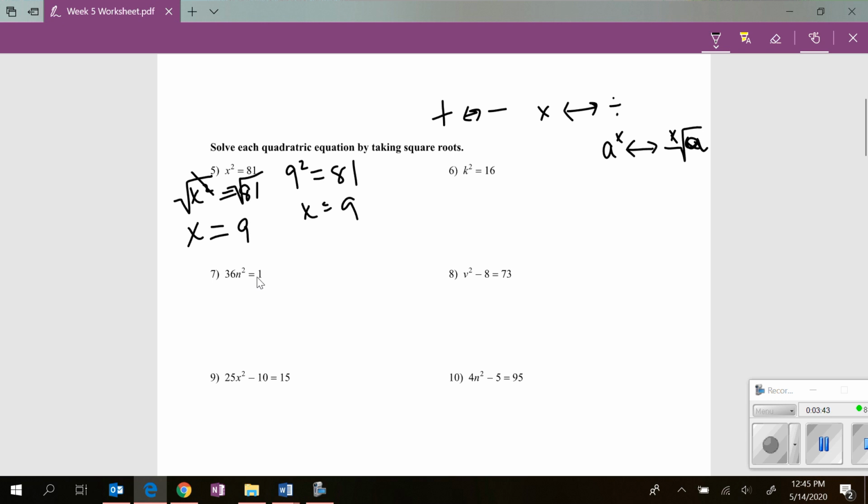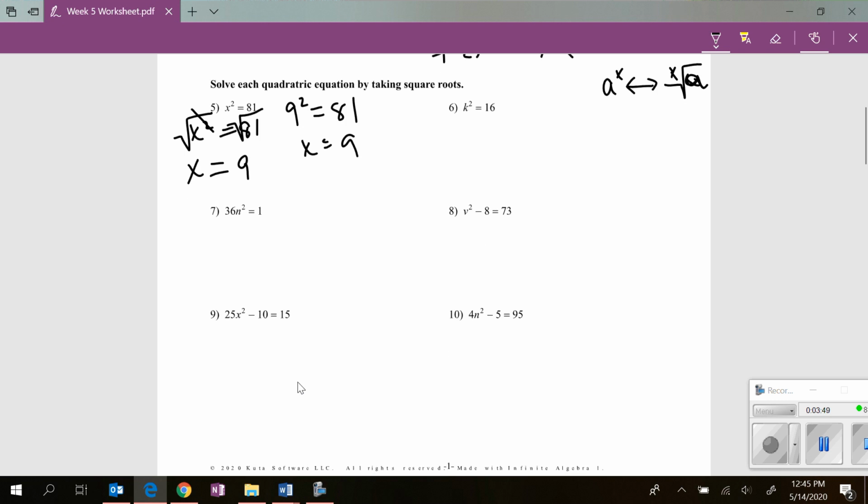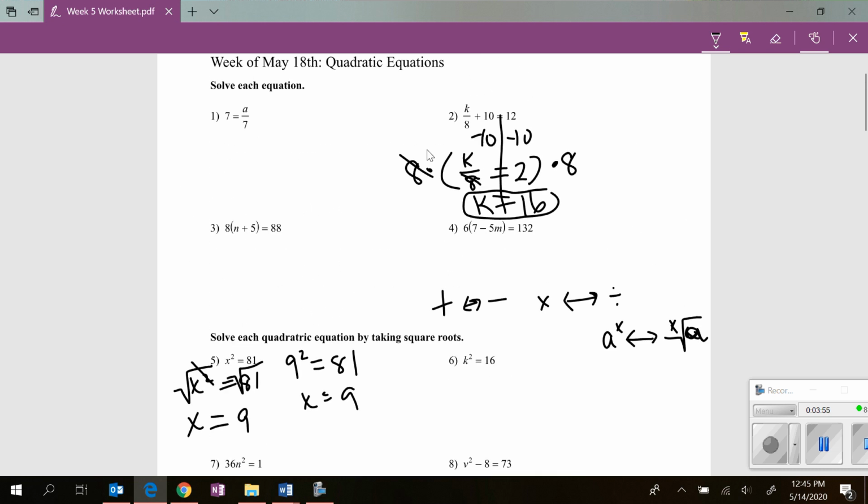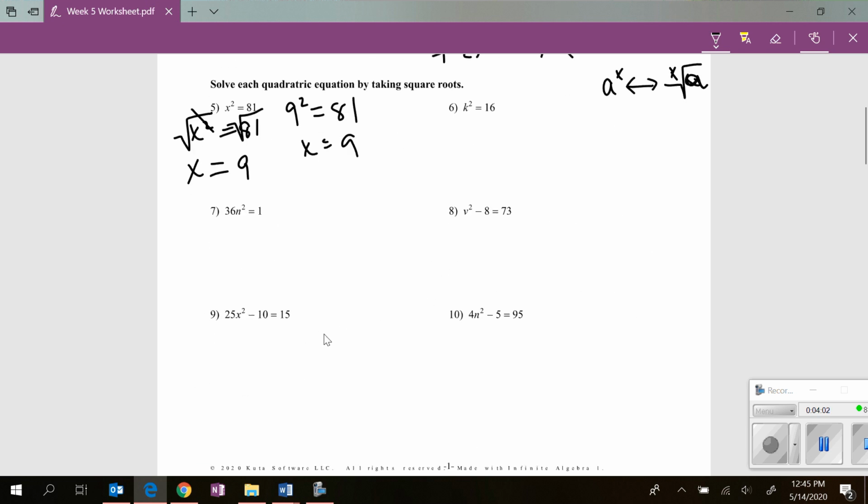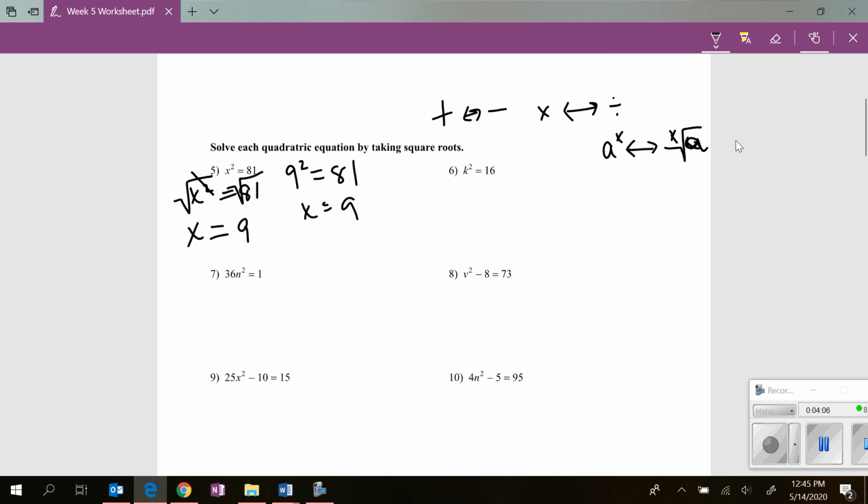Something like number, I was going to do 7, but maybe let's do 9 first instead. So in 9, we see these two terms, kind of like 8 and 10. Just like how we did up here, we're going to do our simple parts first, like our addition and subtraction, and then go on to multiply, divide, and or do our square roots, okay?